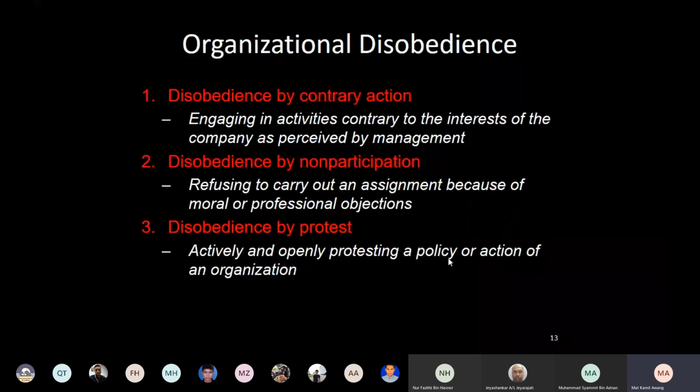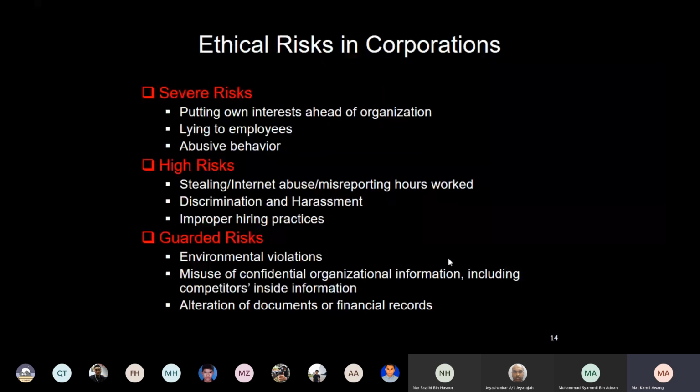You picket outside of the office, say no. Demonstration, you do a demonstration. Those are disobedience by protest. So these are the three types of disobedience. Clear on the disobedience?